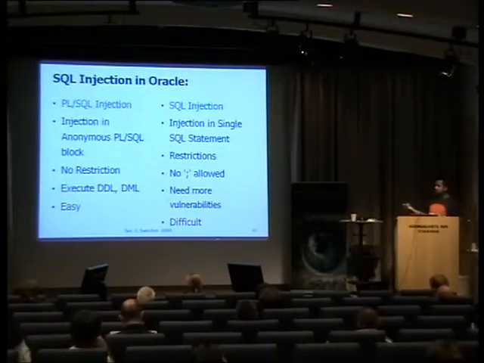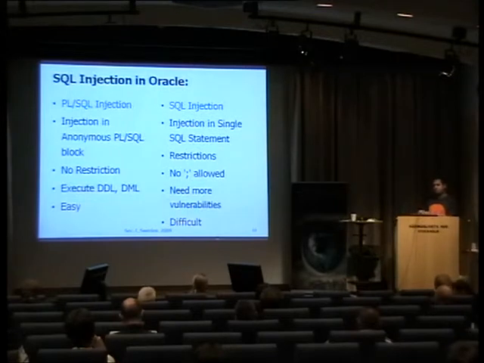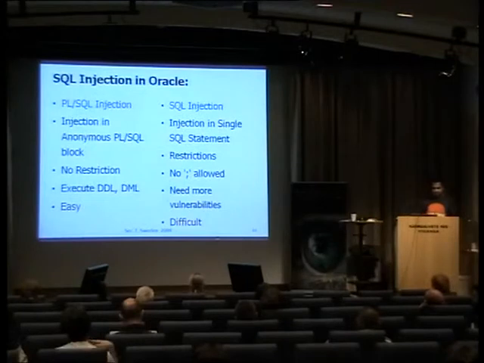Oracle, in those cases, does not support the use of semicolon by design, so you cannot stop the original query. If your injection is in the select query, then you have to do everything in that select query. You just can't terminate the select query and start an insert or a drop database clause. So anyways, in a nutshell, PL/SQL injection is easy to exploit from an attacker's perspective. SQL injection is slightly difficult to exploit.